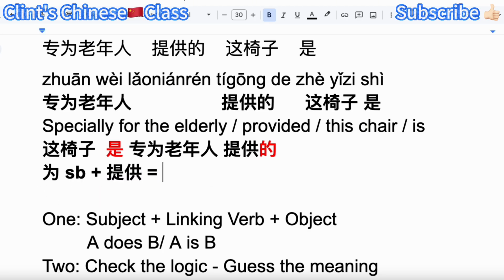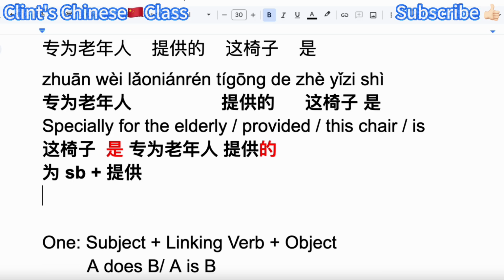So the structure means, I'm gonna put this provided for somebody. Okay. You know, the English and the Chinese word order is usually the opposite. But you can just remember this phrase.